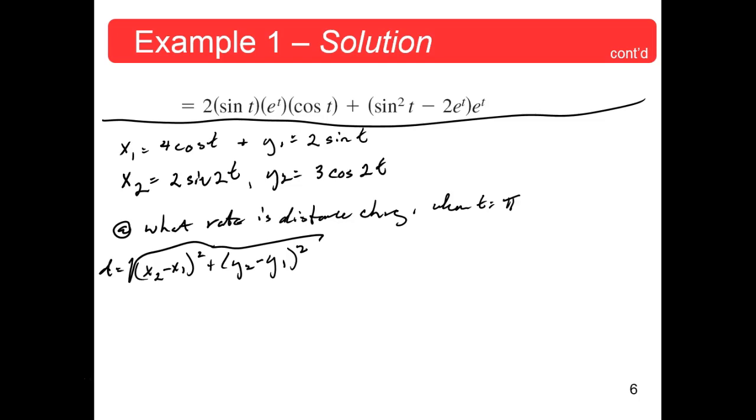So there's not any difference in that distance formula between which one you put first and second. So don't sweat that any.